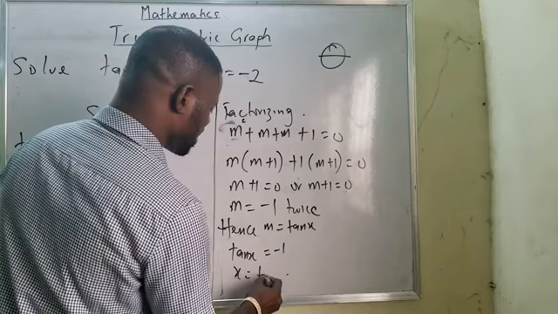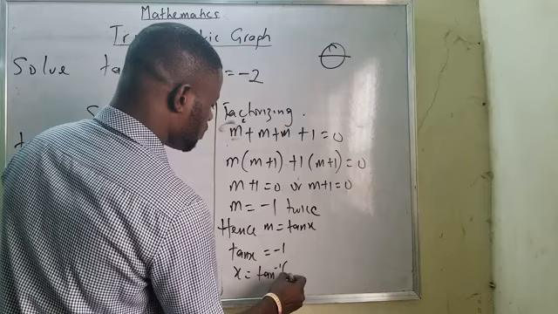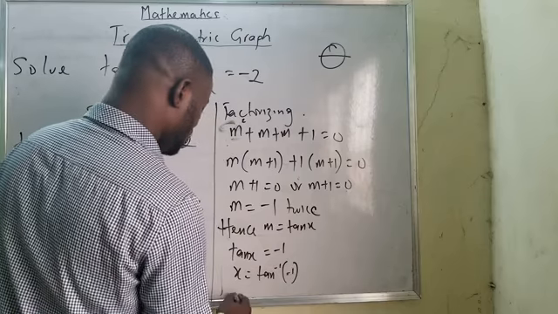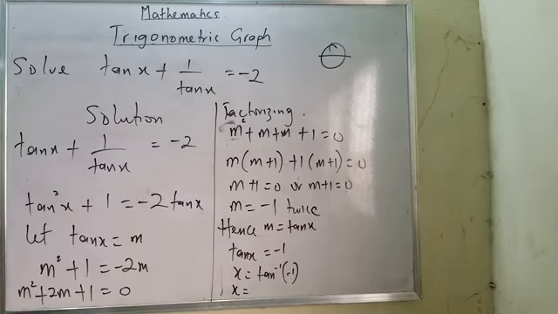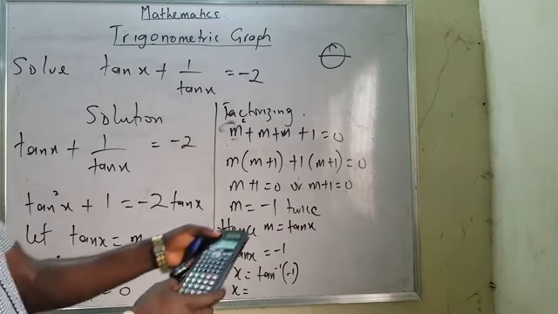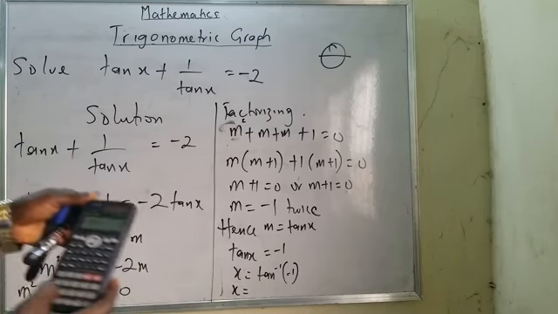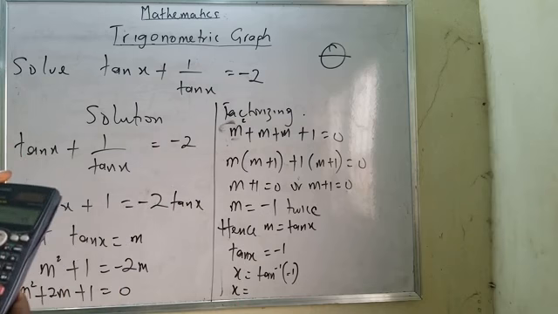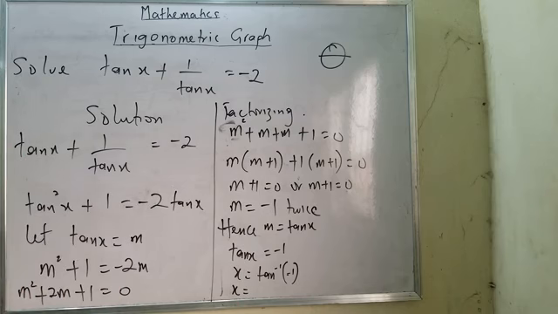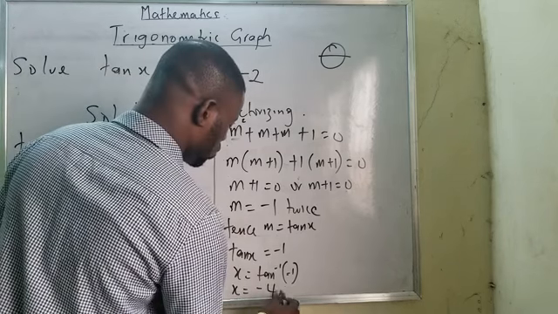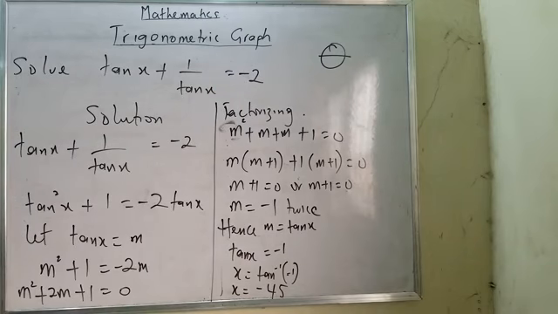So x equals tan inverse of minus 1, which I will get when I press it on my calculator. When you press shift tan, it will give tan inverse of minus 1. You have minus 45. Now, minus 45 is what you're going to get, but that is not your answer. Take note of that.